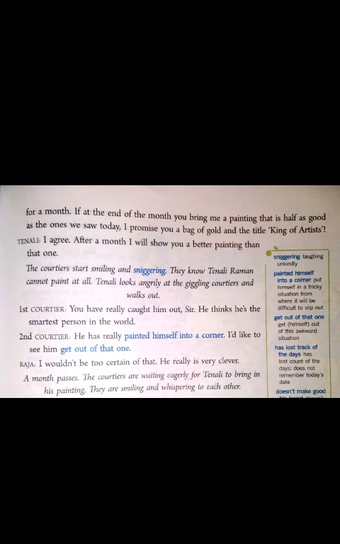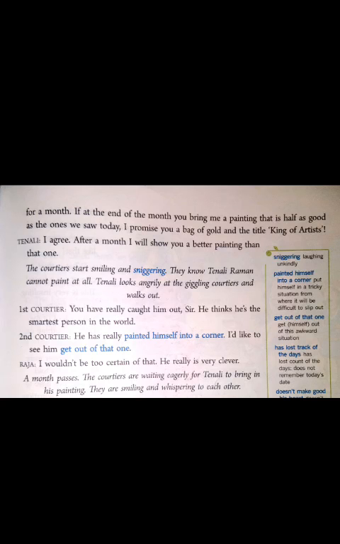So the courtiers smile and snigger, that is, laugh unkindly, as they know Tenali cannot paint at all. And Tenali walks out of the court angrily.